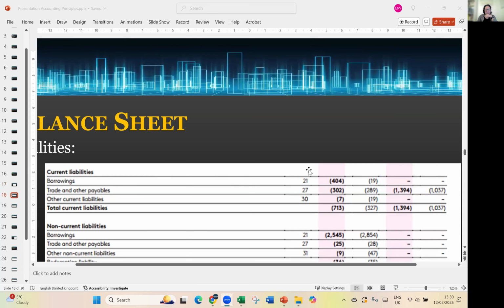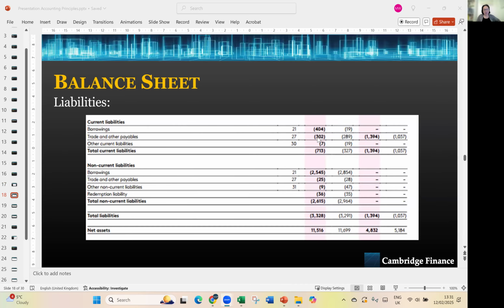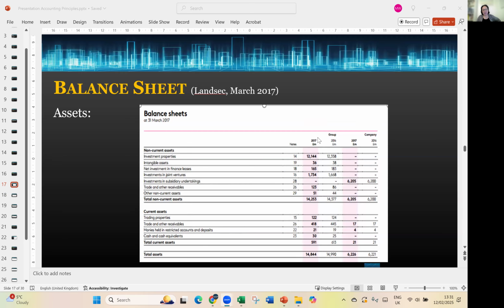What else is there on the balance sheet? I think that's mainly the idea of the balance sheet. When things are going well for property, there's a lot more premium to NAV, because the premium means they think the values will go up, and the 12 billion here might actually be 15 billion.